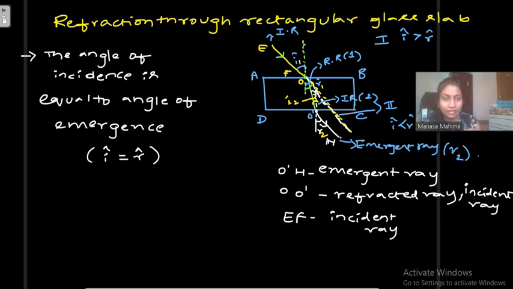As we all studied, reflection is an optical phenomenon, and it holds some laws, right? If I want to say a phenomenon is a reflection, it needs to satisfy two laws. What are the laws? I will write down the laws of reflection.